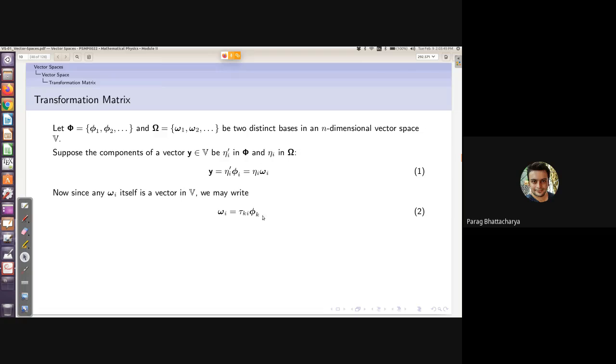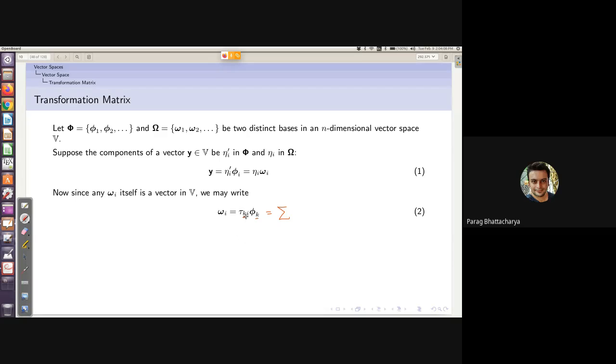I'm putting two indices because we have many different omega I's. So for each omega I want to identify it, that's why I'm putting an I here, and I want to use a different index because there has to be a summation. So what does this mean? It means there is a summation here, and k is the dummy index because it is the index which is repeated.